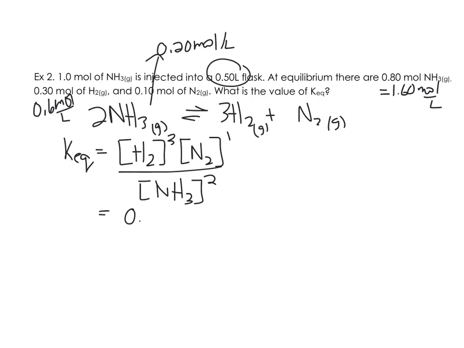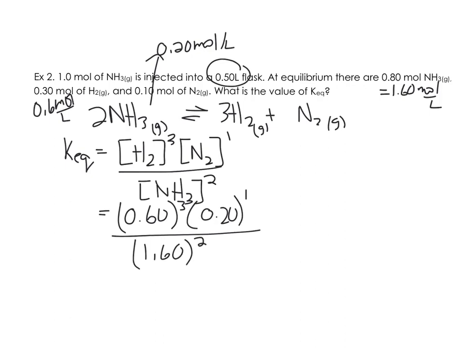So 0.6 cubed, 0.2 to the first order, and then ammonia is 1.6, and that is squared.